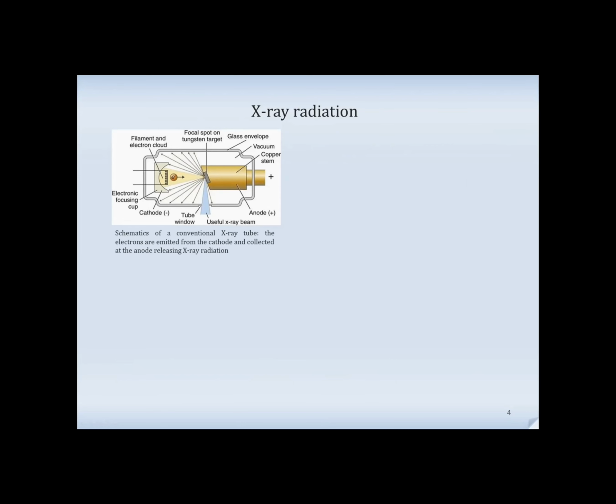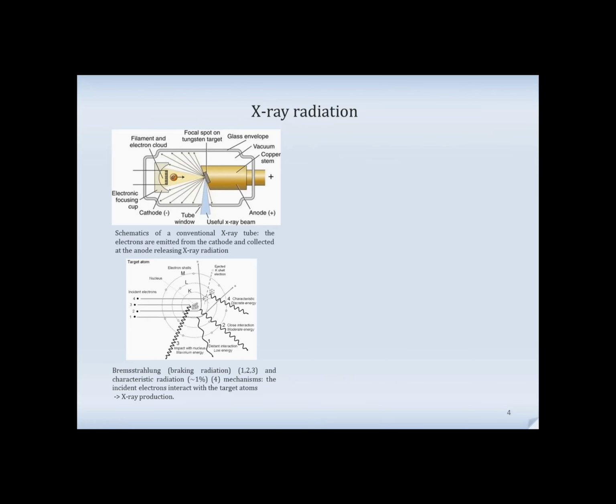On the atomic level, it's not tricky. The idea is that only about 1% of incident electrons produce X-ray radiation.